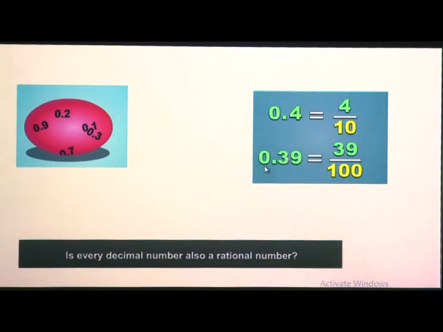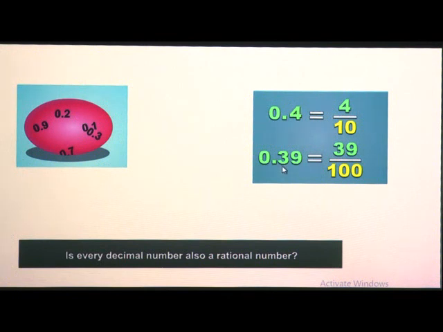One more example we have here is 0.39. Again we have to convert this decimal into a fraction. You know how, because we have already learned about the conversion of a decimal to a fraction and even to a percentage.